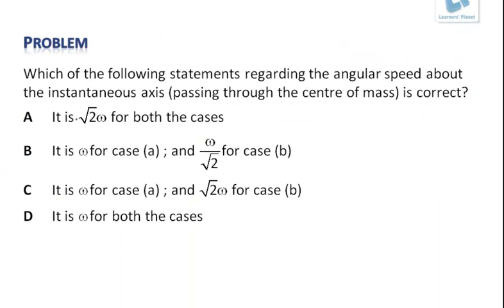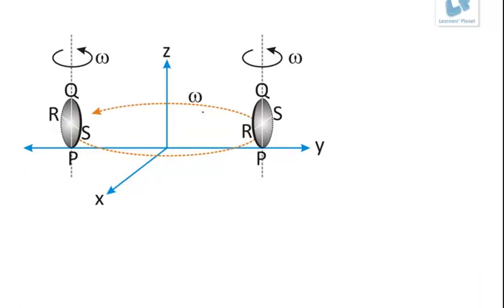we have to attempt the two problems. Which of the following statements regarding the angular speed about the instantaneous axis passing through the center of mass is correct? Now, to understand this, take the case of the disk which is perpendicular to the y-axis. Let us say the orientation is PQRS of the 4 points. Now when it is rotated by half a revolution about the z-axis, the orientation will be like this. R, which was in the front, will go towards the back and S will come over here.